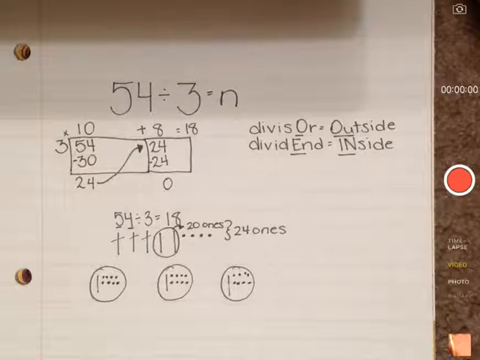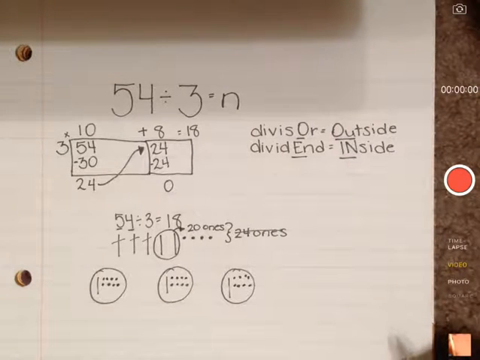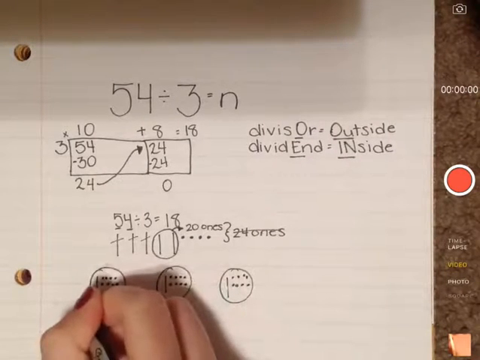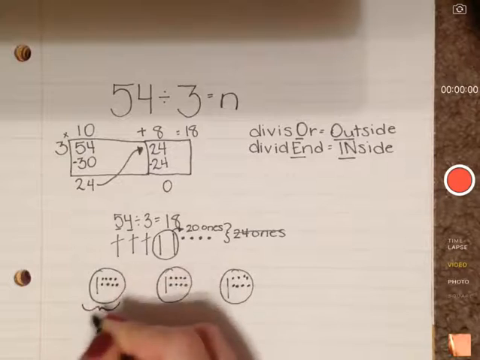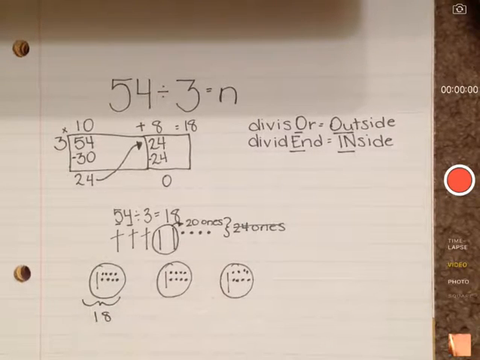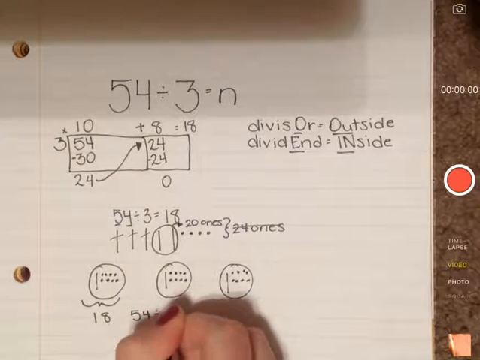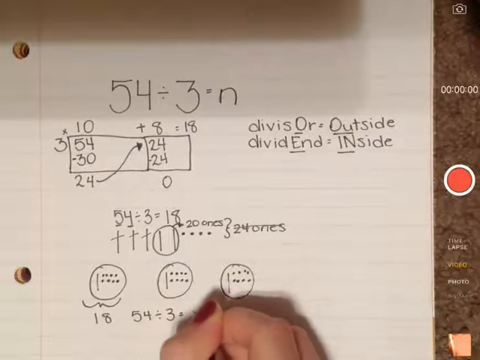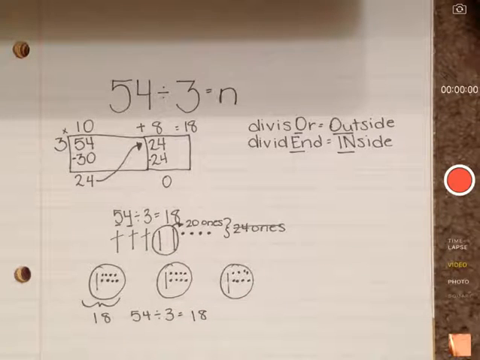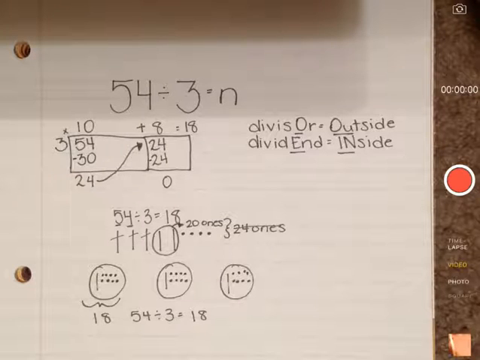Once we've done that, we have now distributed all of our pieces, and I look at one group. And in one group, I have 18. So that tells me that 54 divided by 3 equals 18. And because that matches our area model, that's a good sign that we have solved this problem correctly.